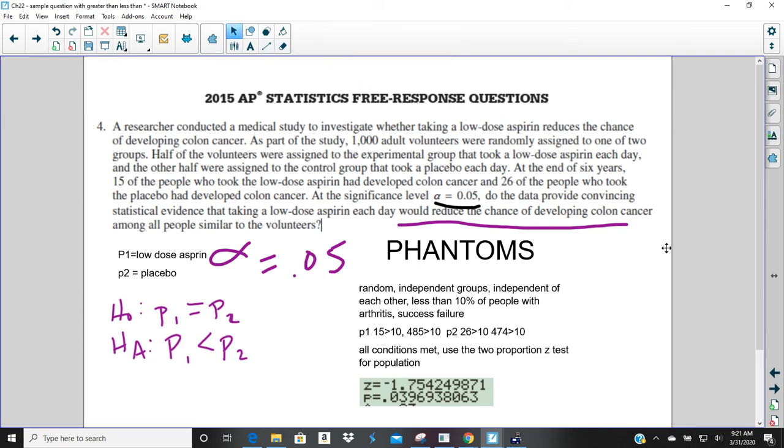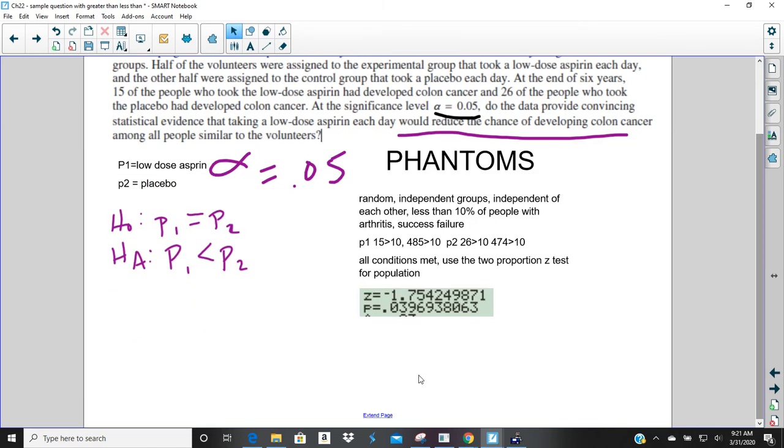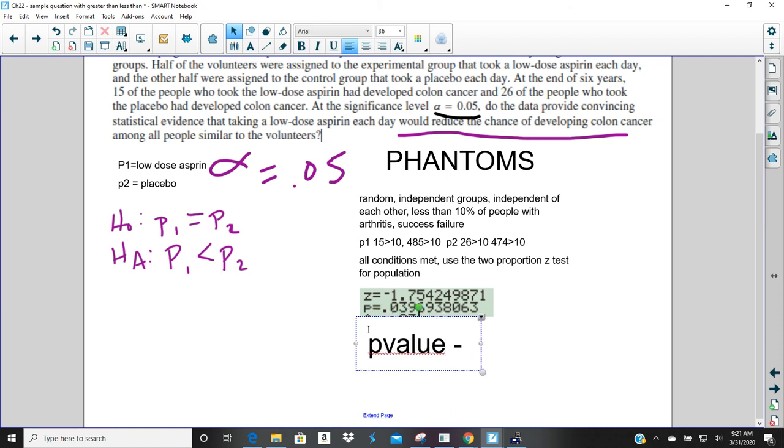So now what are we going to do? We obtained our p-value. So let's write it. P-value equals 0.0397. Okay. So what am I going to do here?